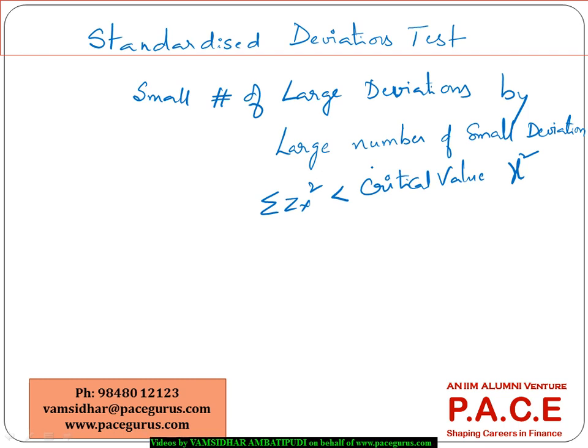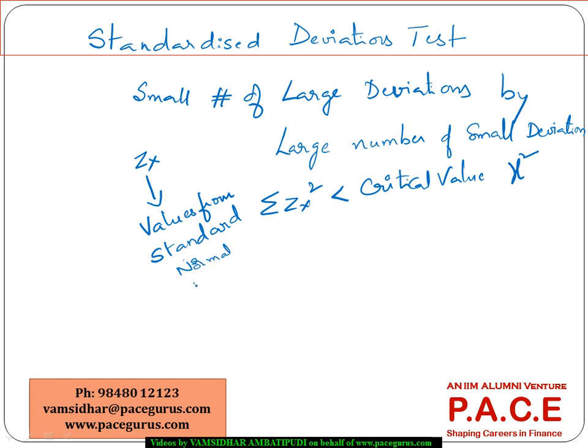So what we do is, whatever zx's we are computing, they are nothing but values from a standard normal distribution itself.